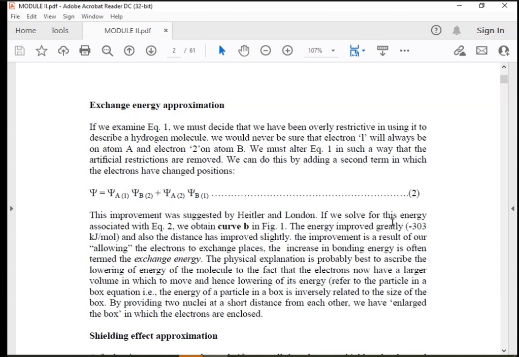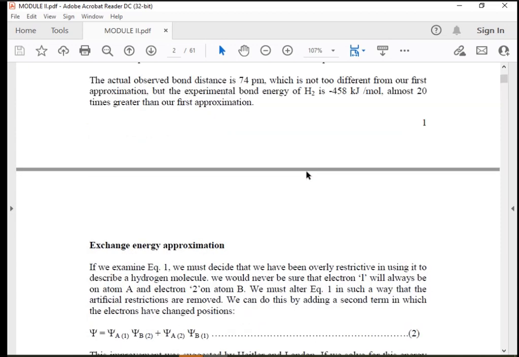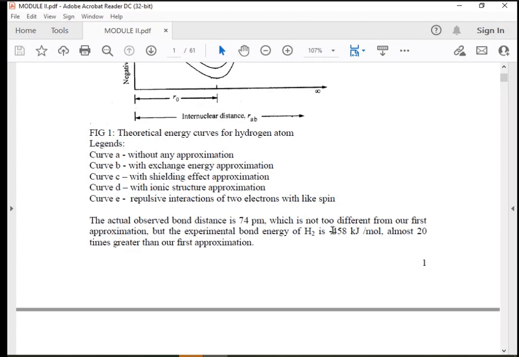Okay, and if we solve for the energy, considering this interaction energy, the exchange energy approximation, the energy comes out to be minus 303 kilojoule per mole. So this is somehow closer to this value.